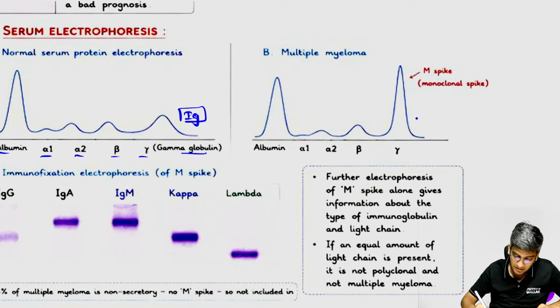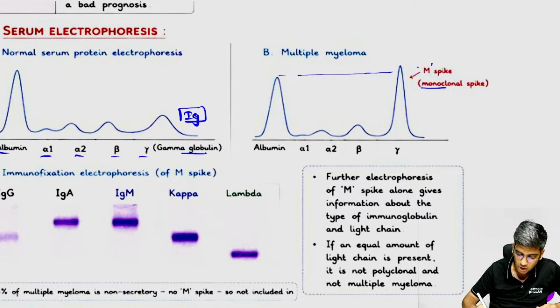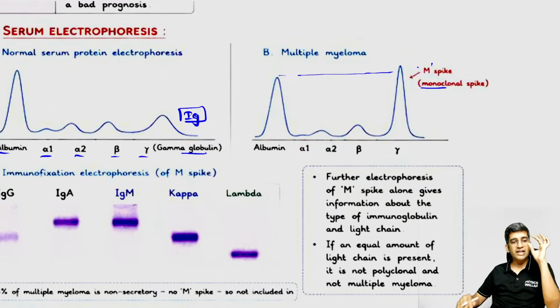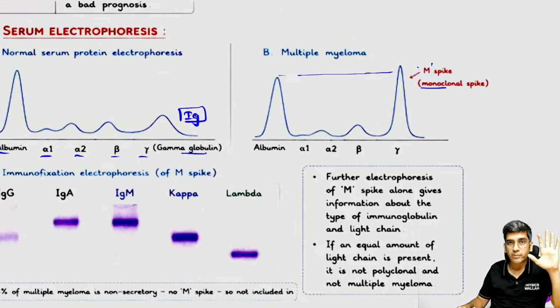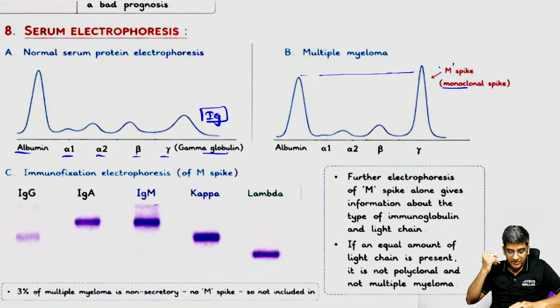But if the gamma globulin spike is equal to or bigger than albumin, I call it an M spike or a monoclonal spike. It just tells me the amount of immunoglobulin in this person is very, very high. Suspecting myeloma. Not enough for me. I have to prove monoclonality. What do we do? I take that gamma globulin alone and redo electrophoresis.